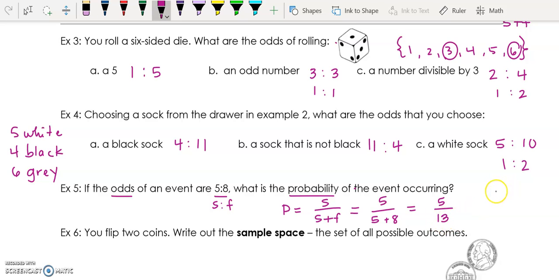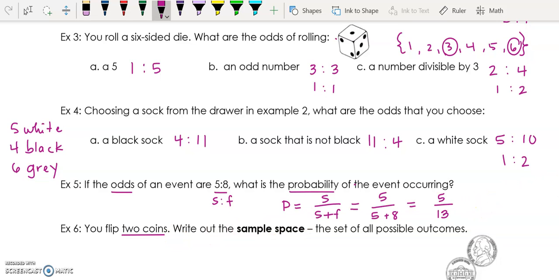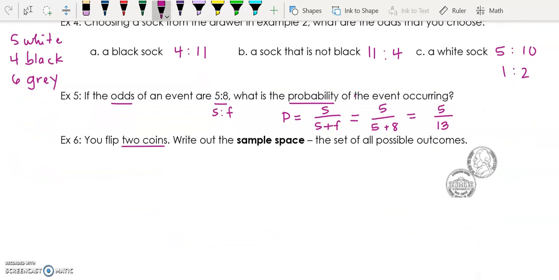Next, we're going to look at a compound event where you're doing 2 things at the same time. It says you flip 2 coins, and we're going to write out the sample space for all of the possible outcomes. So if I flip 2 coins simultaneously, there are outcomes for each coin sort of separately from one another.